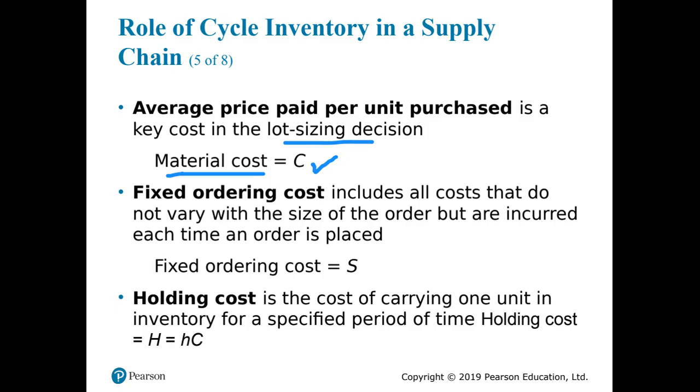Anytime we make an order, like say 5,000 units, and if there are going to be 5 trucks involved, the drivers and the fuel and everything, there can be a fixed cost on it. So it includes all costs that do not vary with the size of the order, but are incurred each time an order is placed. So we can call it fixed ordering cost.